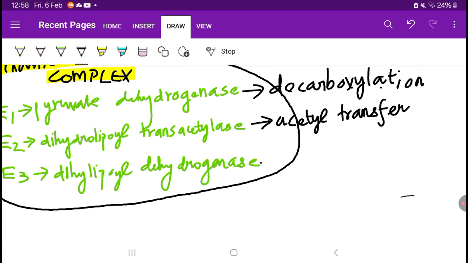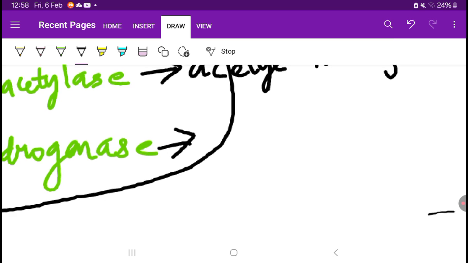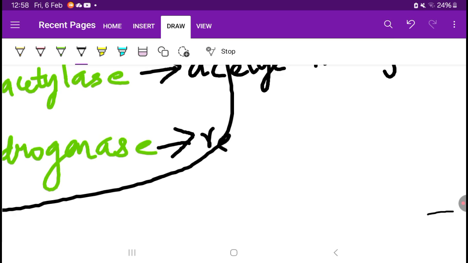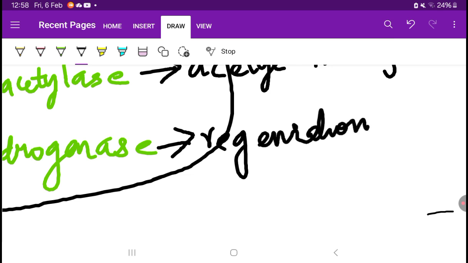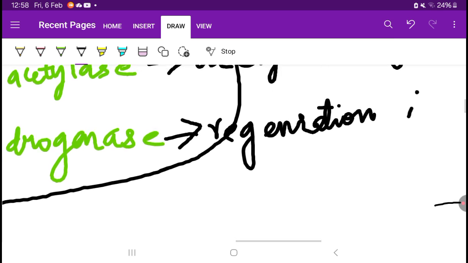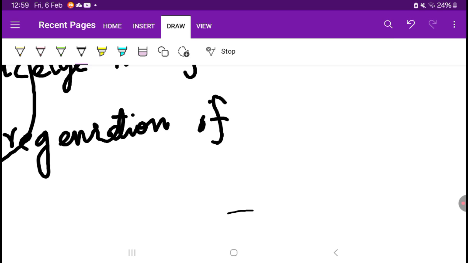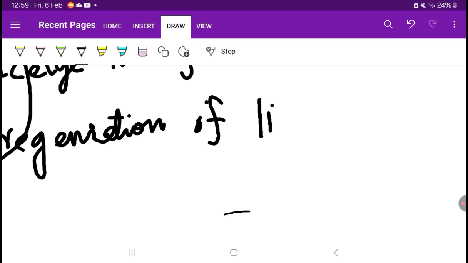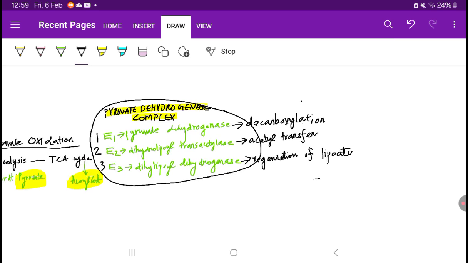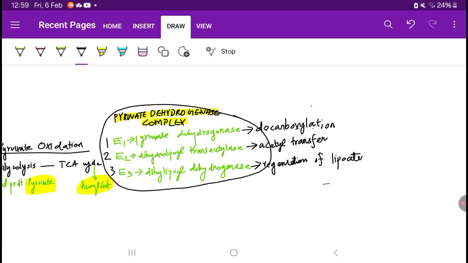And the third, E3, dihydrolipoyl dehydrogenase, means regeneration of lipoic acid. Okay, so these are the functions of the subunits of the pyruvate dehydrogenase complex.